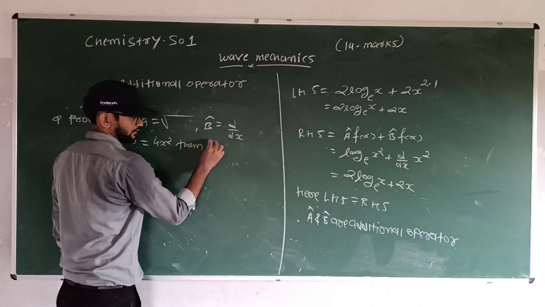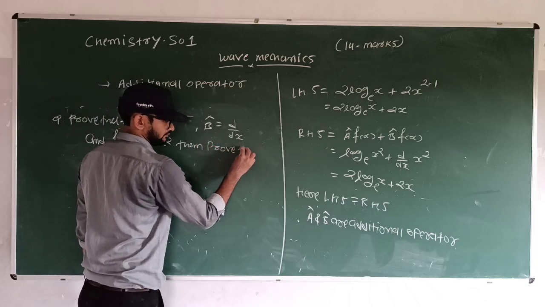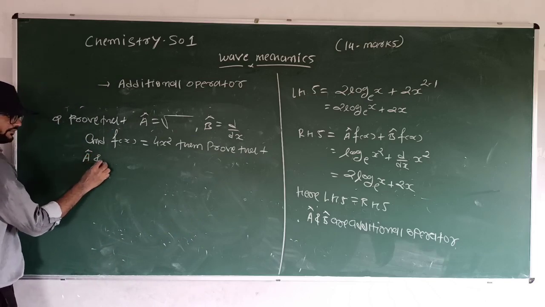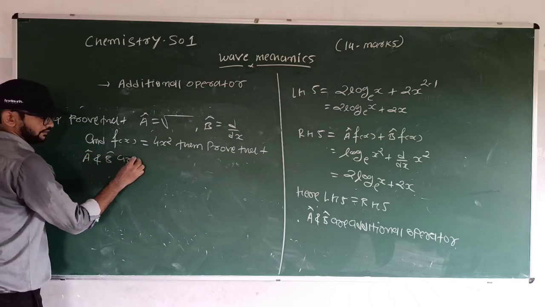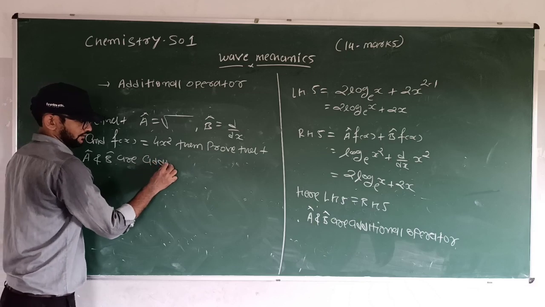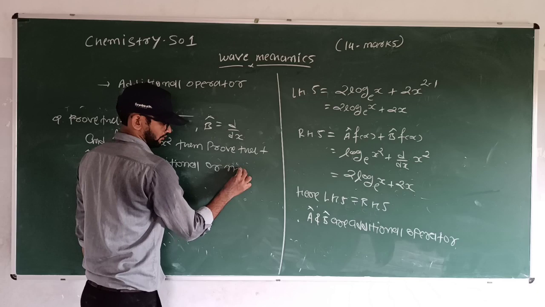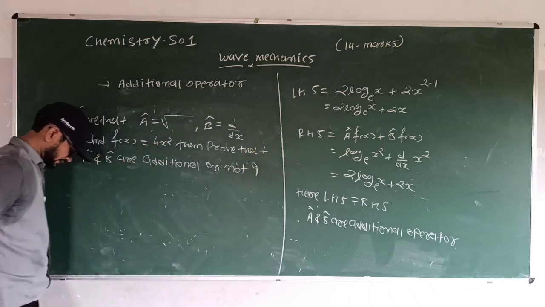Then prove that A cap and B cap are additional or not?